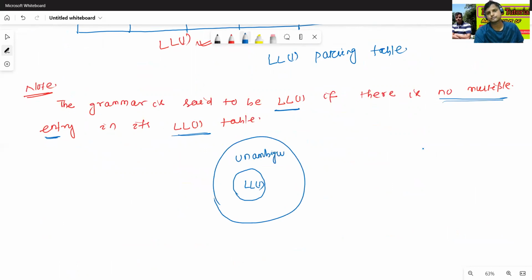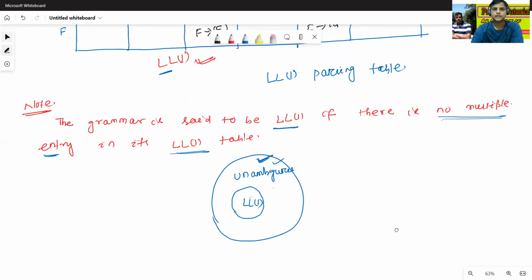Since this grammar is LL1, it must be unambiguous. Every LL1 grammar is unambiguous, but every unambiguous grammar need not be LL1. This is a very, very important point.